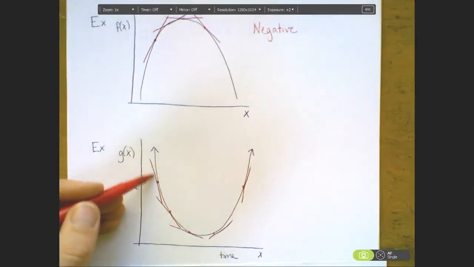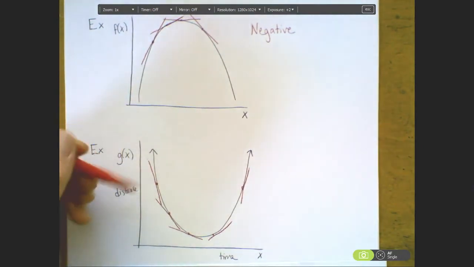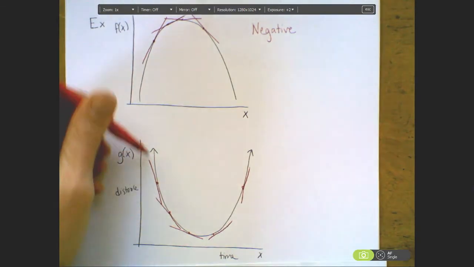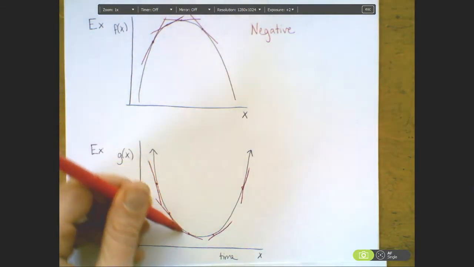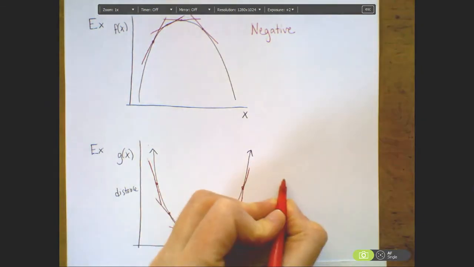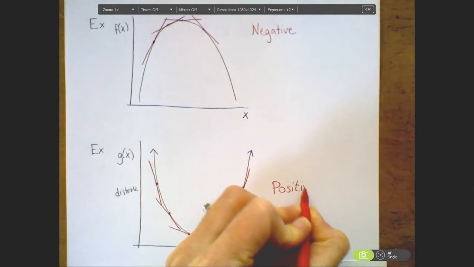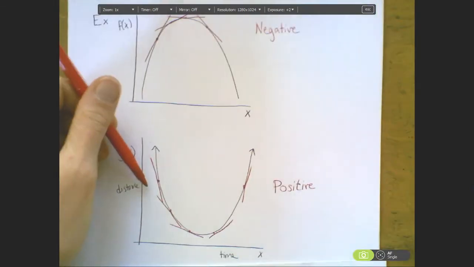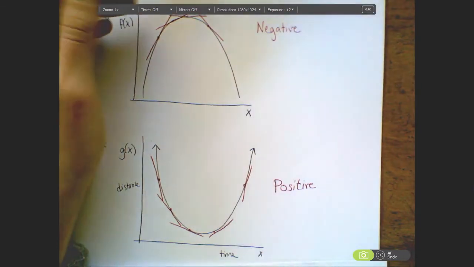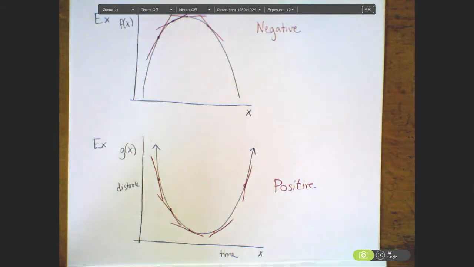Here, our slope started out pointing downwards, a negative slope, meaning my velocity was negative. But my velocity levels out and then grows faster and faster. So in this case, my second derivative would be positive, because my slopes start out negative and they become positive. So the rate of change of my tangent line is changing in a positive direction.